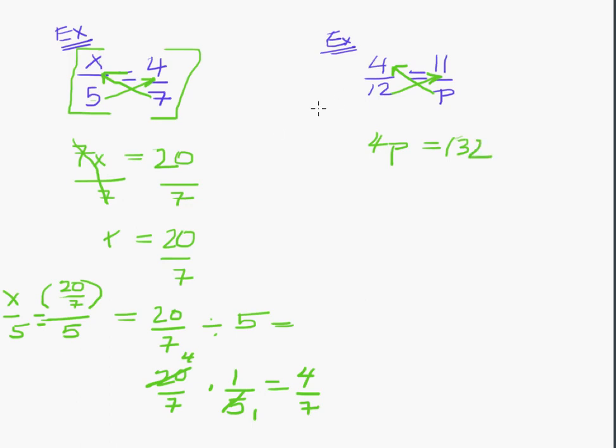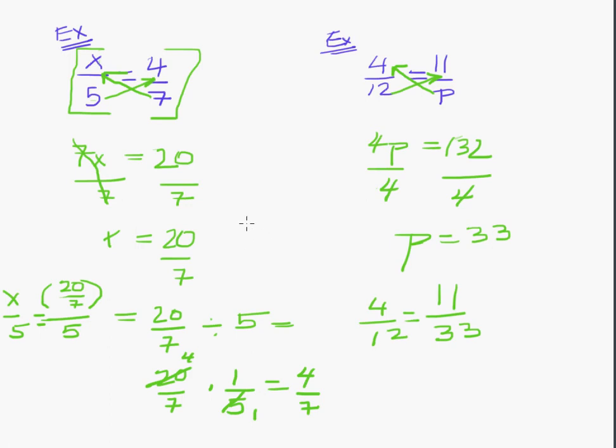And now in our final step, we divide by 4, and 132 divided by 4 gives us 33. So p is equal to 33. Now let's see if I substitute 33 for p back into the proportion, I have 11 over 33, and that was equal to 4 over 12.